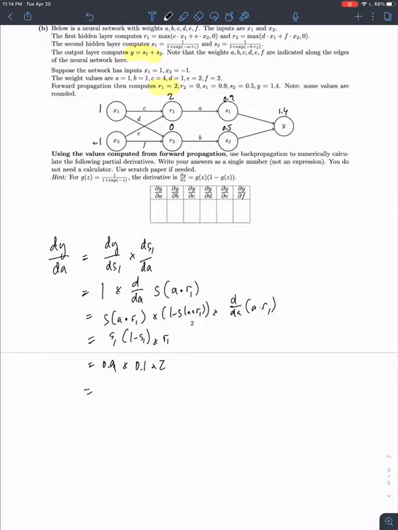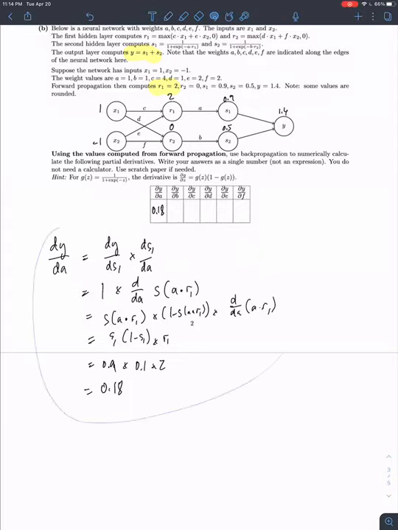All right, so what is 0.9 times 0.1 times 2? I'm bad at doing math in my head, but I'm looking at some answers, and the answer is 0.18. So that's dy/dA.